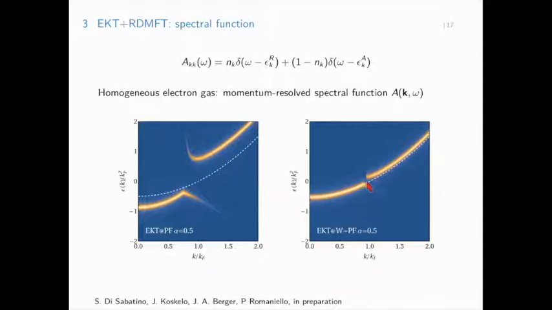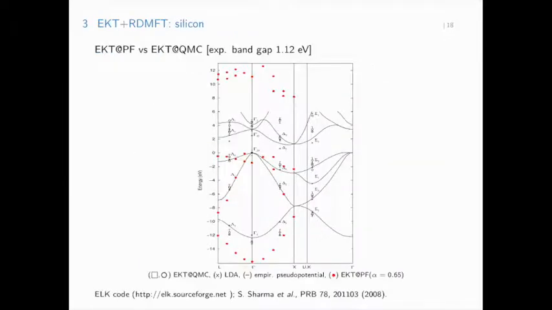We obtain this for models. Models are very useful because you can benchmark the different levels of approximation that are involved. But what happens in a more realistic situation? So this is again the case of silicon. Here I'm reporting again the EKT at QMC results and the empirical pseudopotential data with a continuous line.